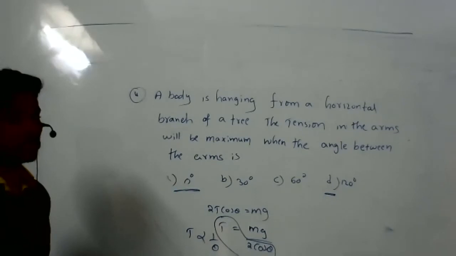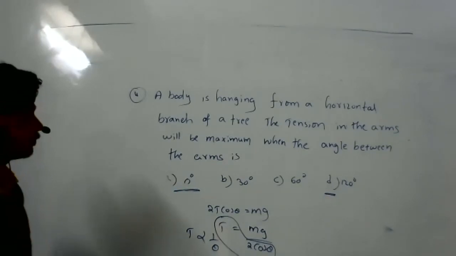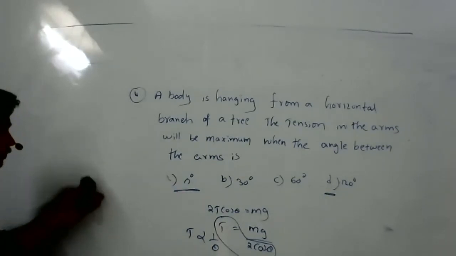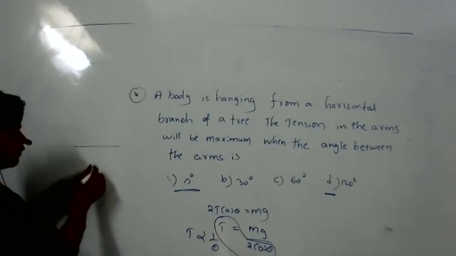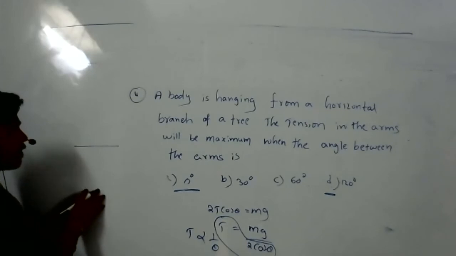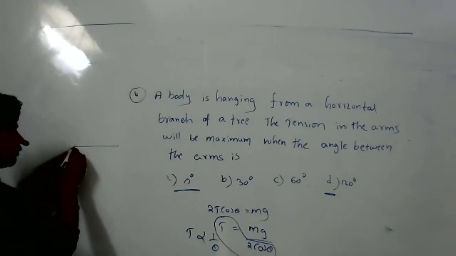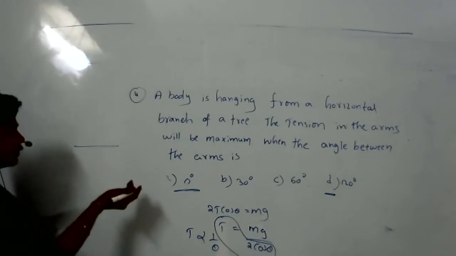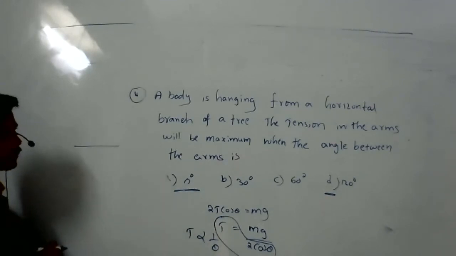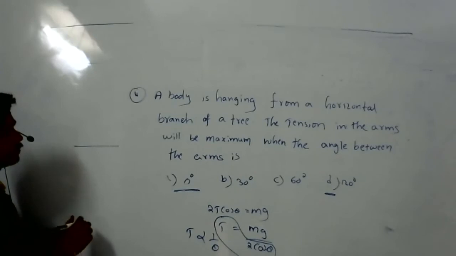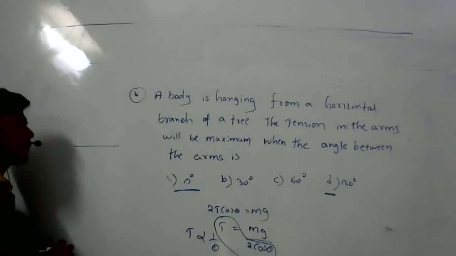Sir, I'm considering one more assumption. The horizontal is there and the mass is connected with different arms, correct? We can suppose any number of arms because they didn't say in the question, correct? Yes, they didn't mention arms. So if I take infinitely many arms, there are many arms, correct?